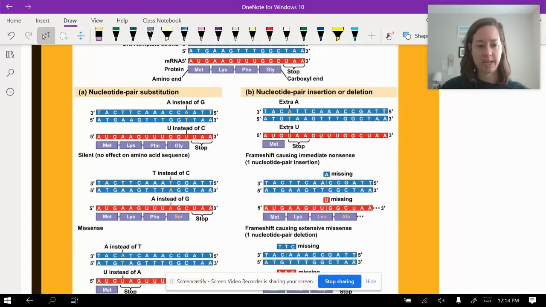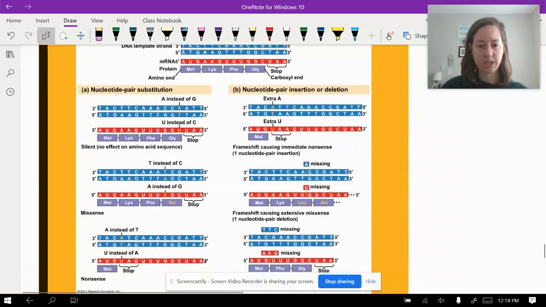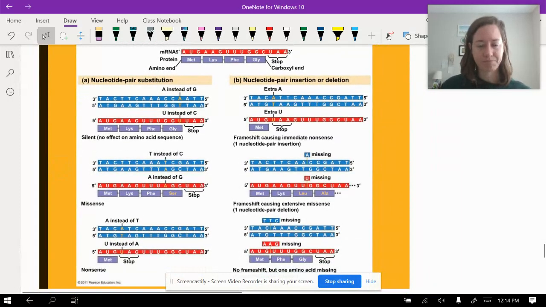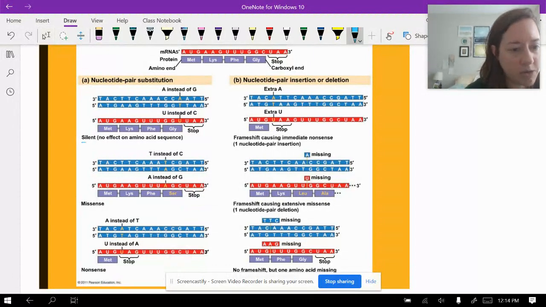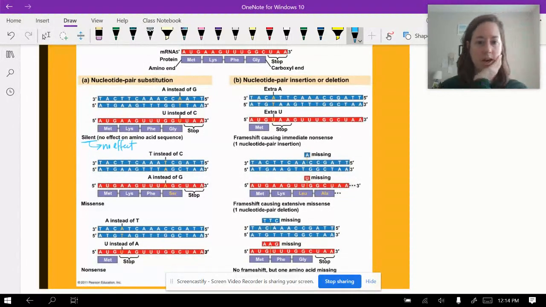Here's just some other examples of frame shifts and all of that. You can see here the different effects that occur. Over here, you have a silent mutation. That's another way to say no effect. And then you have your missense, which means the wrong amino acid gets added in.